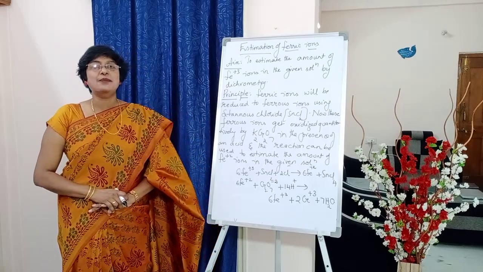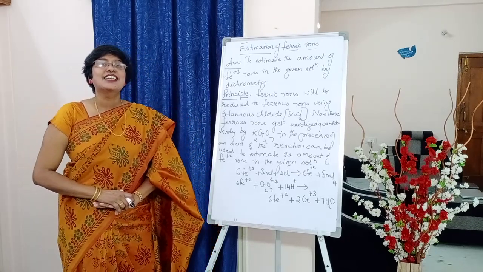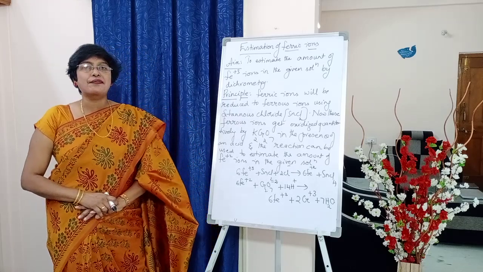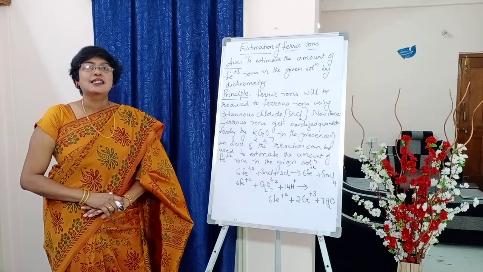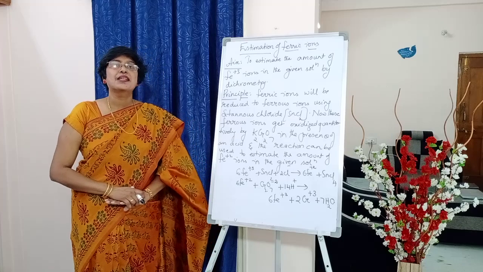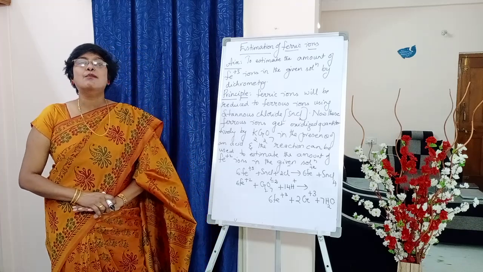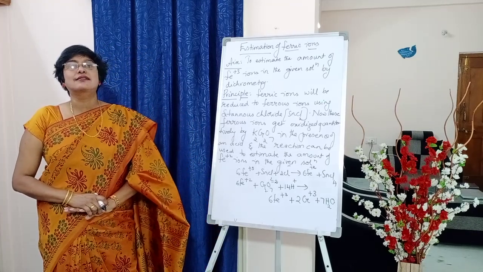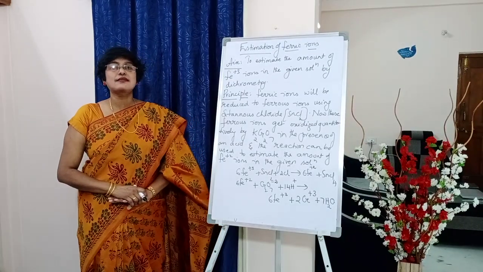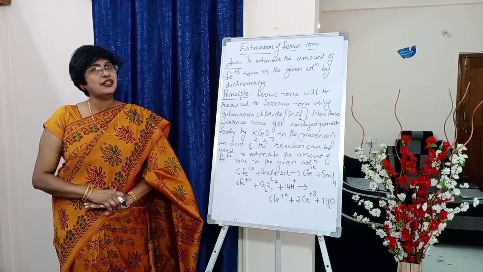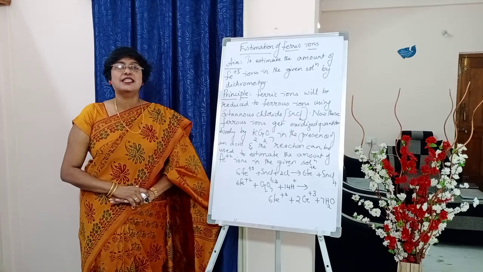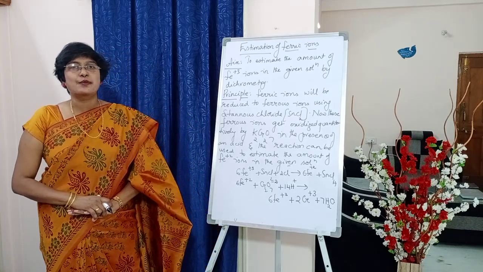Write down: to estimate the amount of ferric ions present in the given solution by dichrometry. Full stop. Have you written, students? Once again, to estimate the amount of ferric ions present in the given solution by dichrometry.